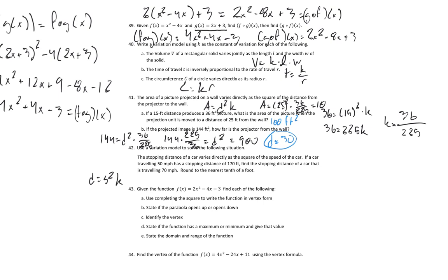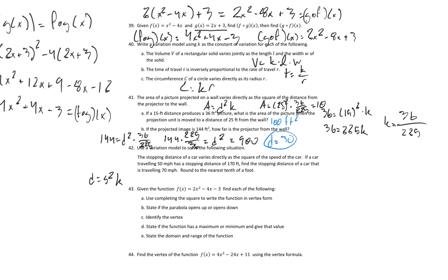The one thing you really have to be careful about is that the speed is in miles per hour, but the stopping distance is in feet. So we're going to have to do some sort of unit conversion here. You could either convert the feet to miles or the miles per hour to feet per hour.